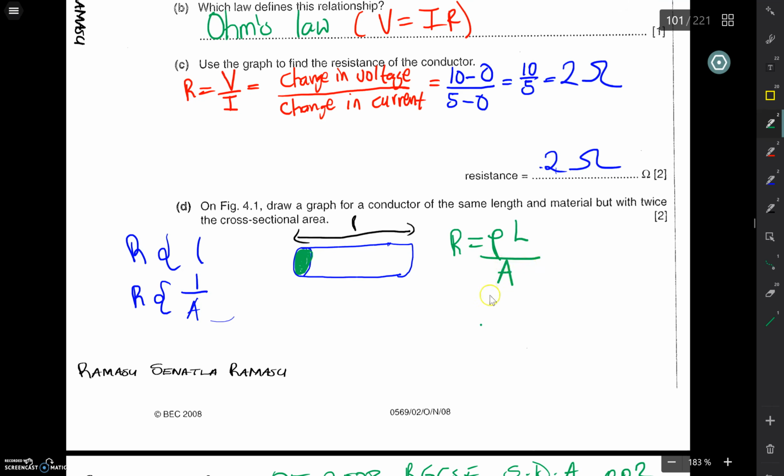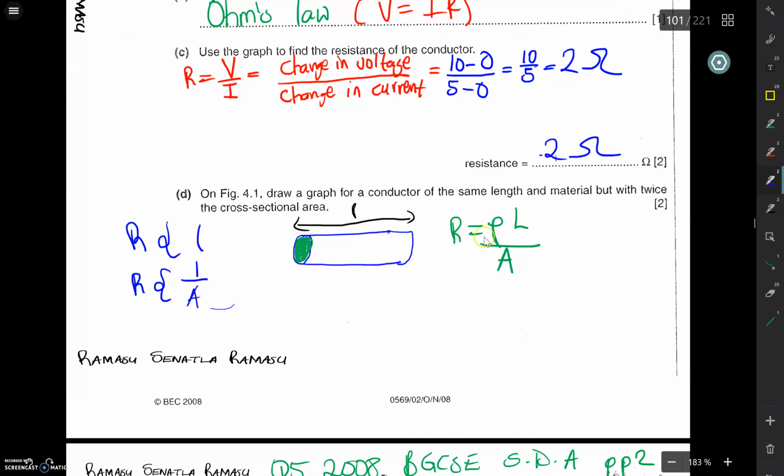We use this equation here to find the resistance of this new conductor.